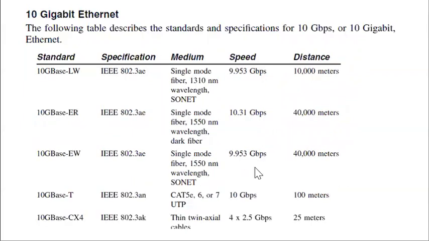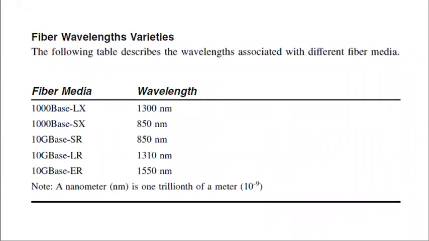So these are again some of the specifications for 10 gigabit. Okay, so these are the 10 gigabit Ethernet specifications, where it is defined by 10G, okay.